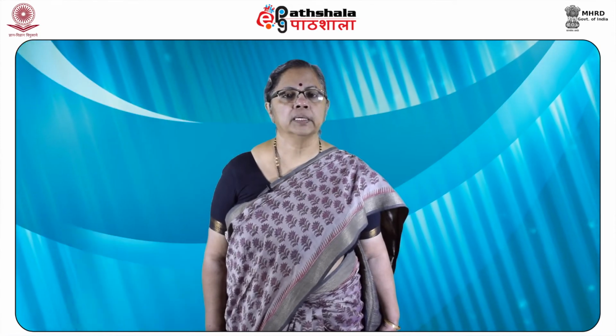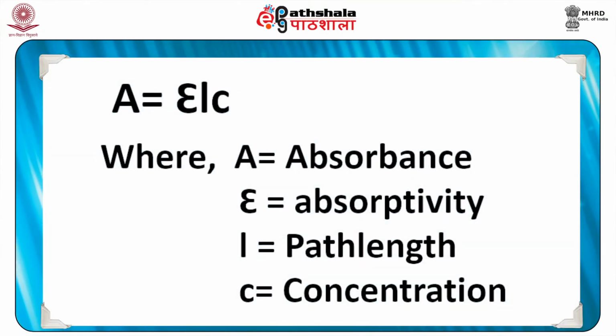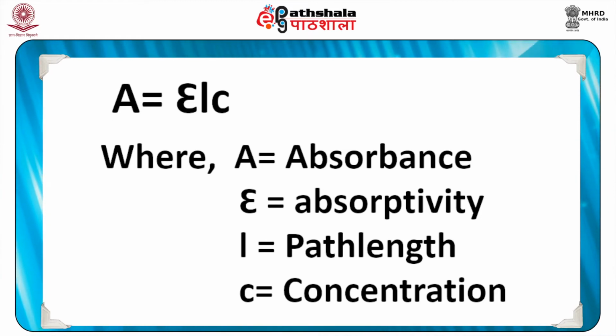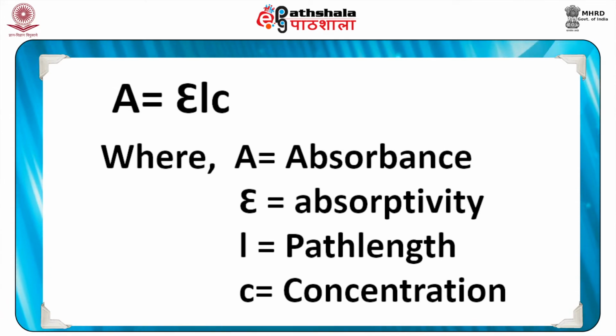The absorbance or extinction of a chromogen is measured in a spectrophotometer based on the Lambert-Beer's law, which states that the extinction or absorbance of a chromogen of a monochromatic light is directly proportional to the molar concentration of the chromogen and the path length in centimeters of the light through the chromogen solution.